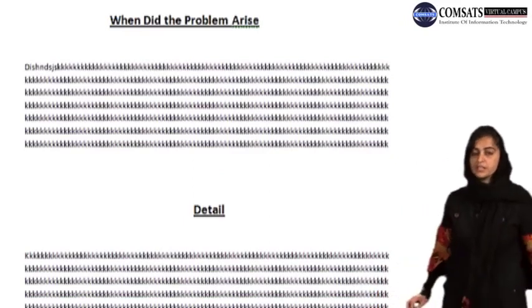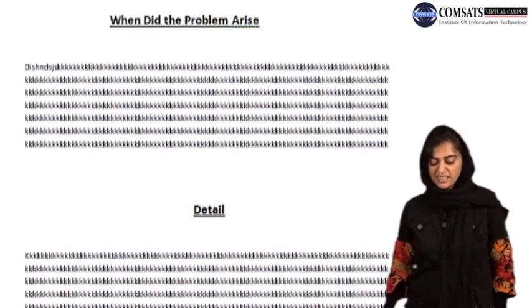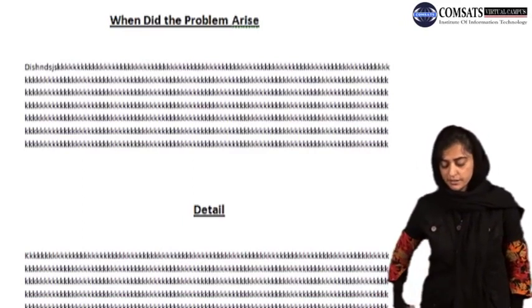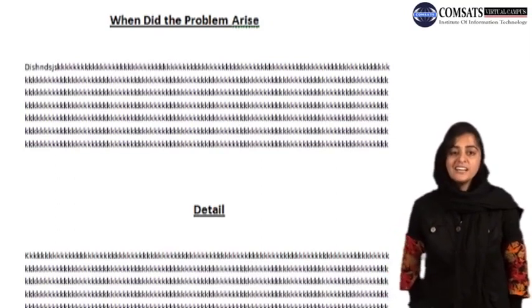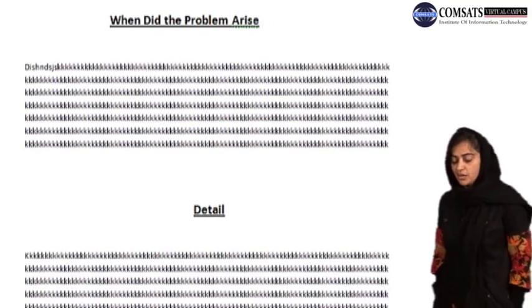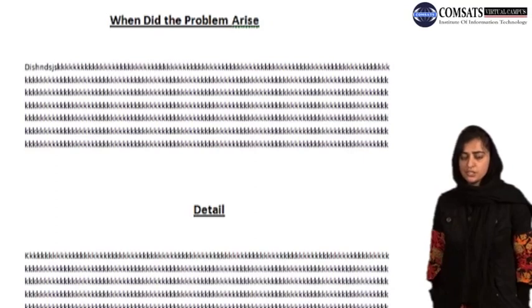Okay, now to analyze the different parts of the report, the different headings being used in the report for their parallel format, let us start with the first heading that is being used in the report. As you can see on the screen, "When did the problem arise?" Dear students, this heading is underlined. It is in the center of the page.